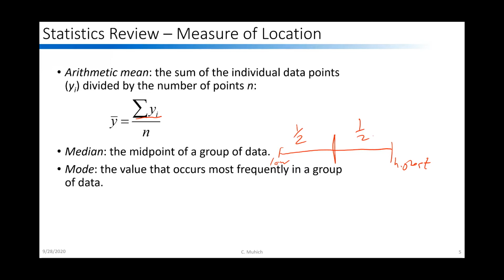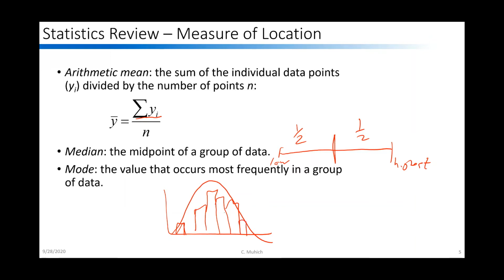The third type is the mode. This is the case where we look at which value of x has the most occurrences. So if I bring back that idea of that histogram from the previous slide, we may see some sort of Gaussian-like or normal-like distribution, but that doesn't necessarily mean that that's the biggest location, right?